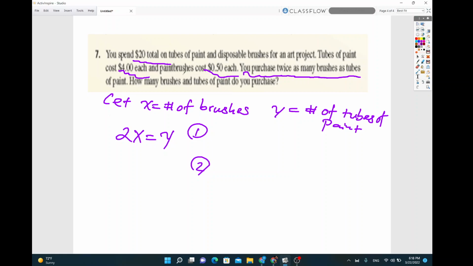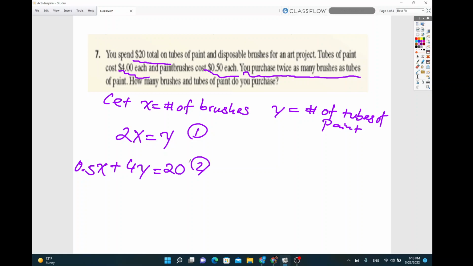So $4 each for the paint brushes, okay? So that means 4 times x plus the cost, well, the paint brushes is actually 50 cents each. Okay, so this one I need to fix that. So this one would be 0.5 times x. And then the other one is for the tube of paint, so that would be $4 each. So 4 times y. So the total amount then would be $20.